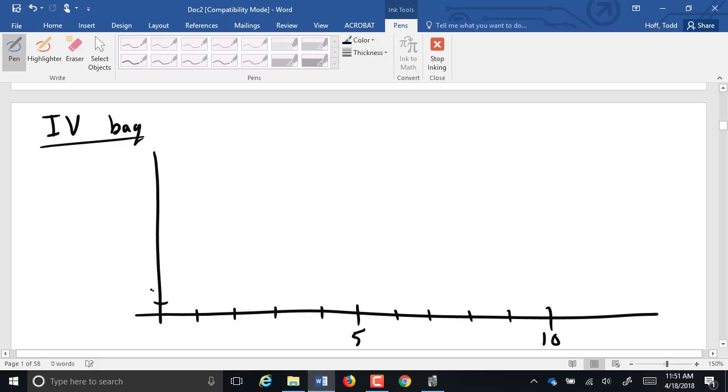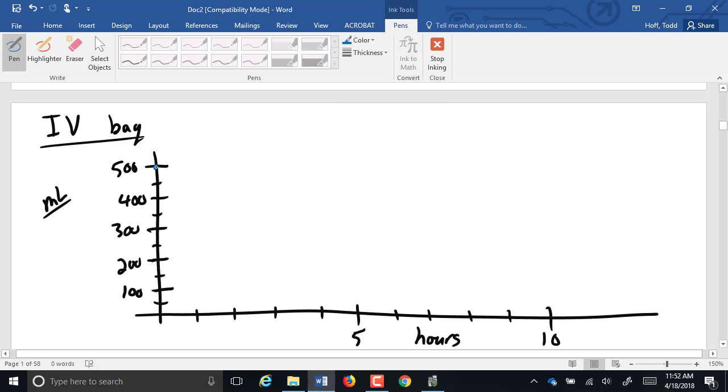And let's see here. Gotta be a little bit more careful on my spacing. Let's say this is milliliters in the bag. Down here, this is hours.